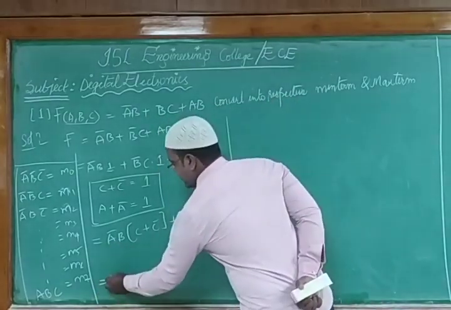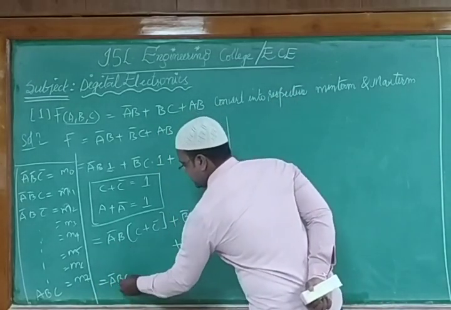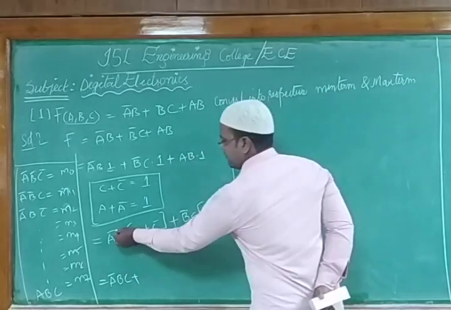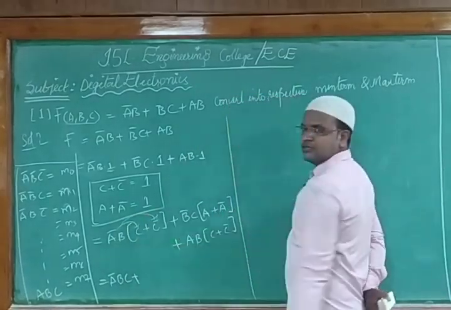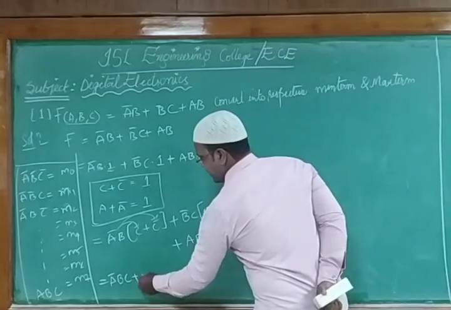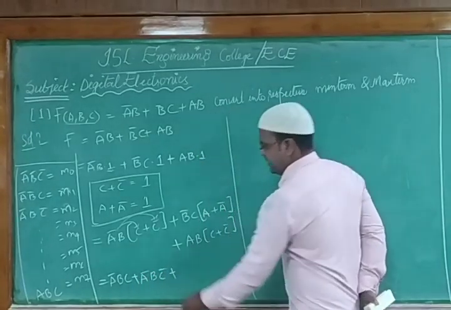So A complement B C, plus the same factor multiplied with C complement: A complement B C complement.